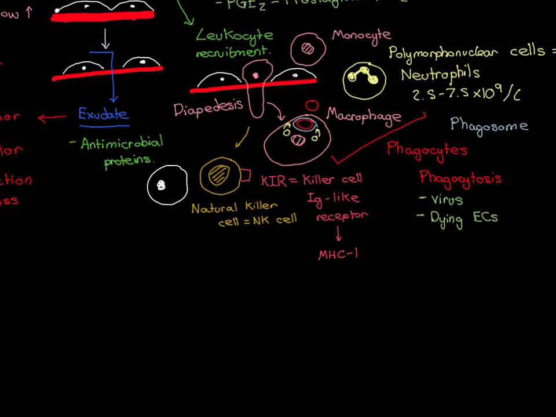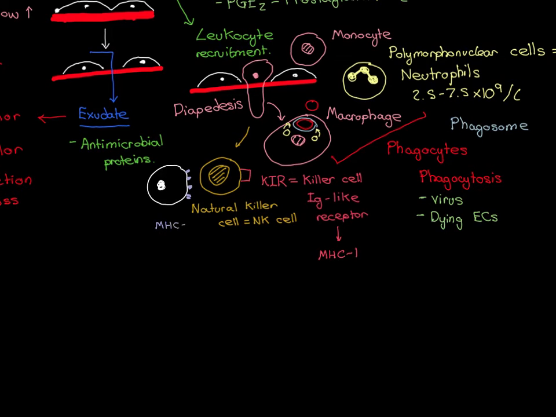And what it will do is it will go up to this cell and it will want a lot of its killer cell immunoglobulin-like receptors, its KIR receptors, to bind to MHC class 1 molecules on the surface of the normal cell. So let's say that these purple blobs that I'm putting on the surface of the cell here, these are MHC class 1 molecules, so they're all MHC class 1.